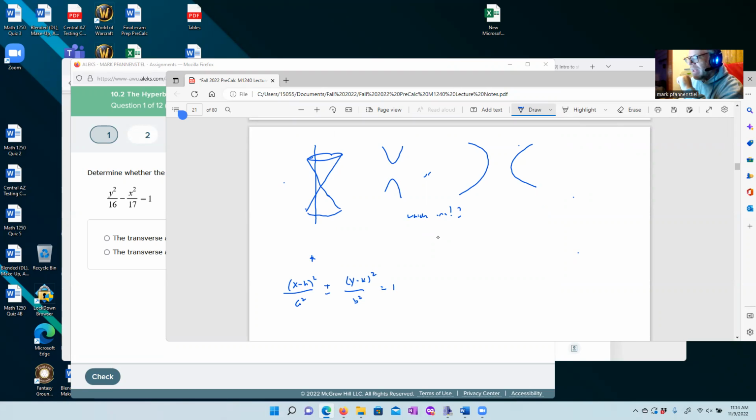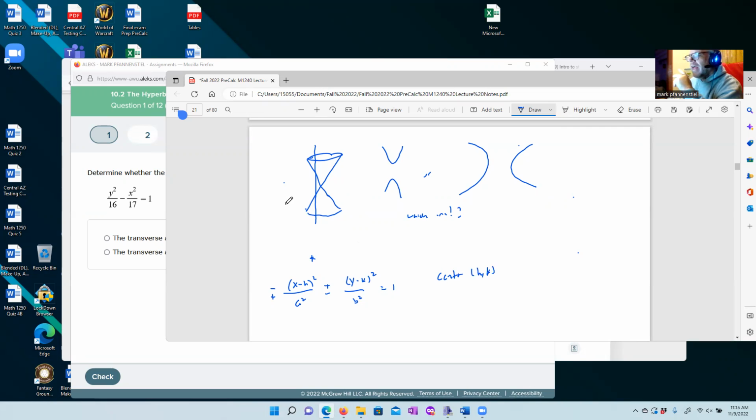I'll say minus plus, because I don't know which sign is going to be in front of them, which is why I swap them. x doesn't always have to be negative, and y doesn't always have to be negative. They're going to swap, but one of them will be positive and one of them will be negative. The center is still going to be (h, k), regardless of what's going on here.